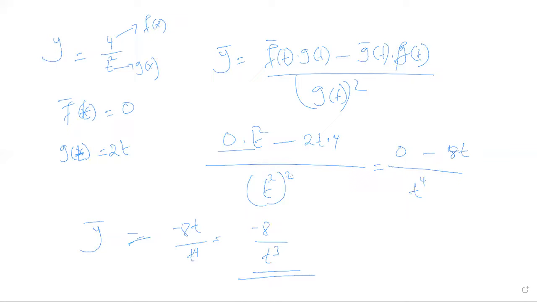Let me do another one from here. y is equal to x to the power 4 divided by 2. This one I can do with f(x) on top and g(x) below.